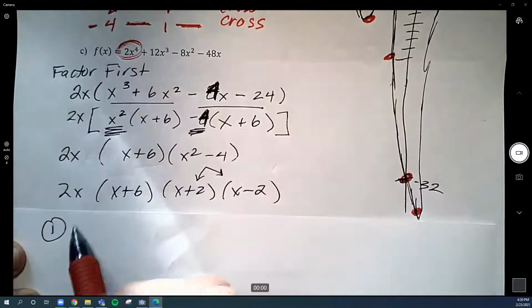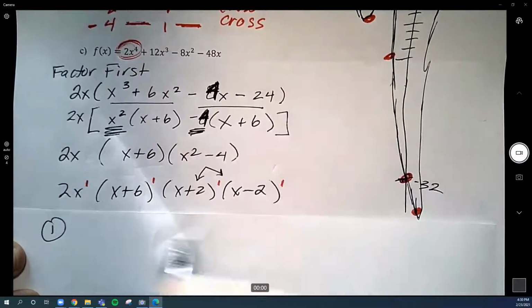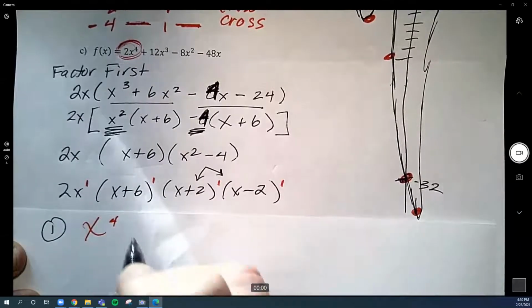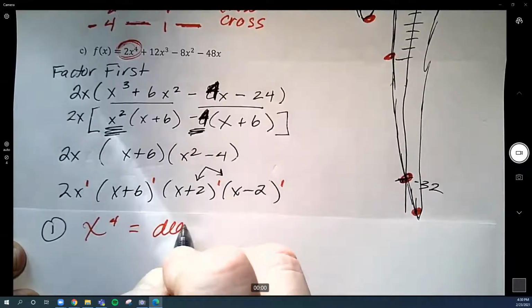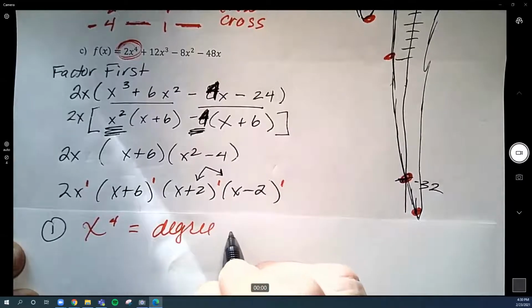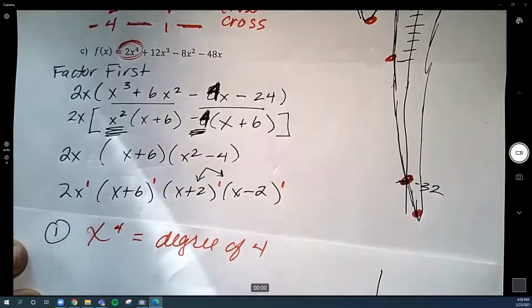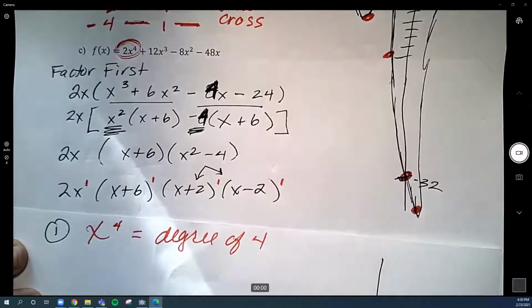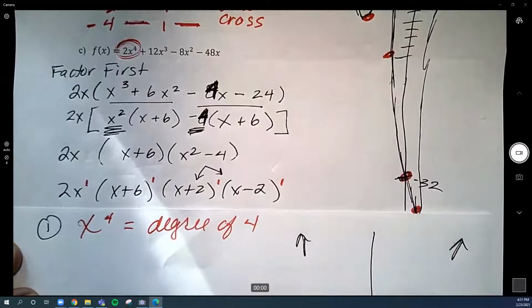It's a degree of 4, but also I can see here I have 1x plus another plus another plus another. So it's going to equal a total degree of 4. So the end behavior of my graph will be to the 4th degree, which indicates on a graph that this is going to be, again, another up, up type of an end result.